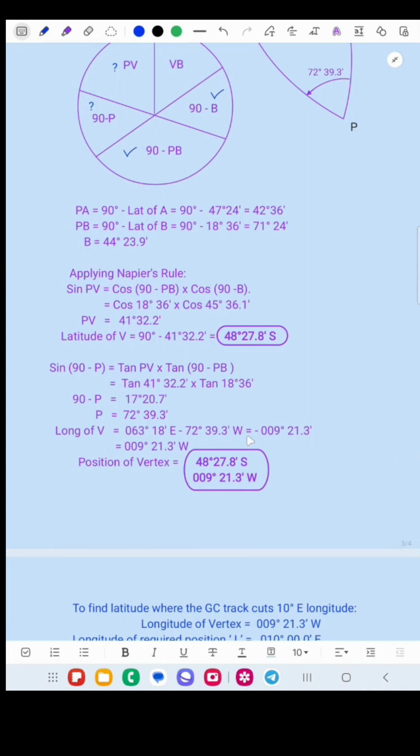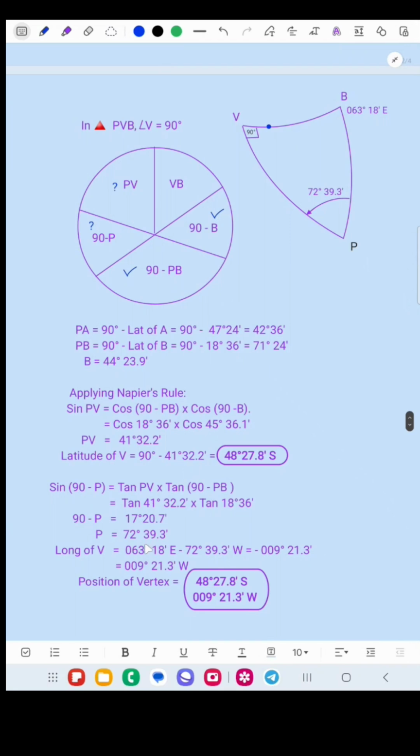Now we know the longitude of Bravo B, that is 63 degrees 18 minutes east, and this angle is 72 degrees 39.3 west.